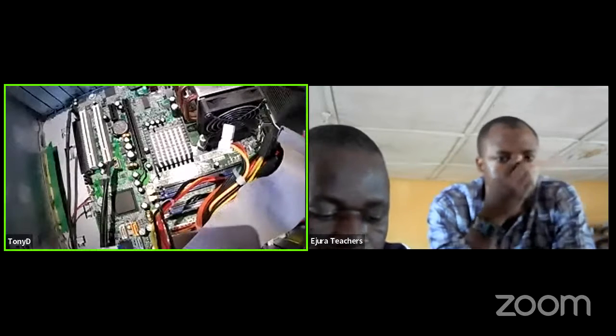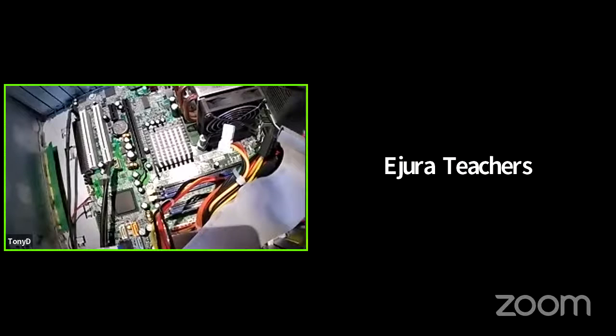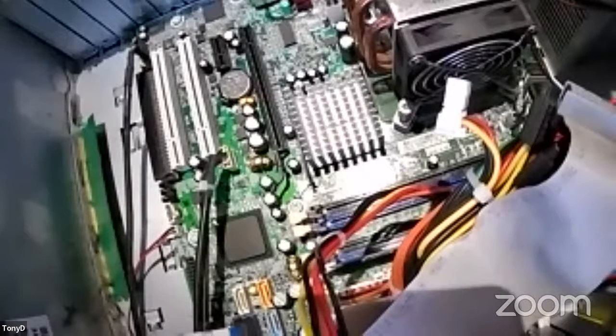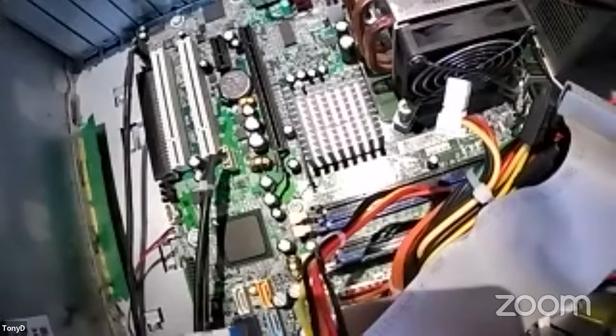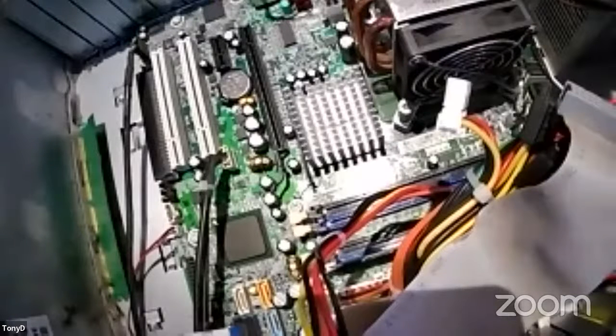Some brains process things so fast. You have some people that are so good that they can process things very fast. There are some brains that would take their time to process. You understand? Yes.